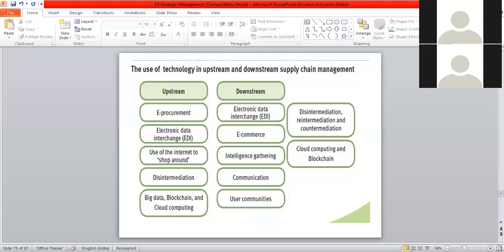Then use of the internet to shop around, disintermediation.